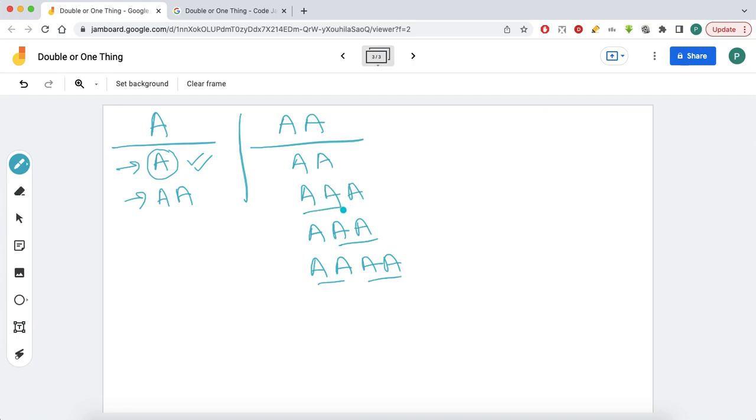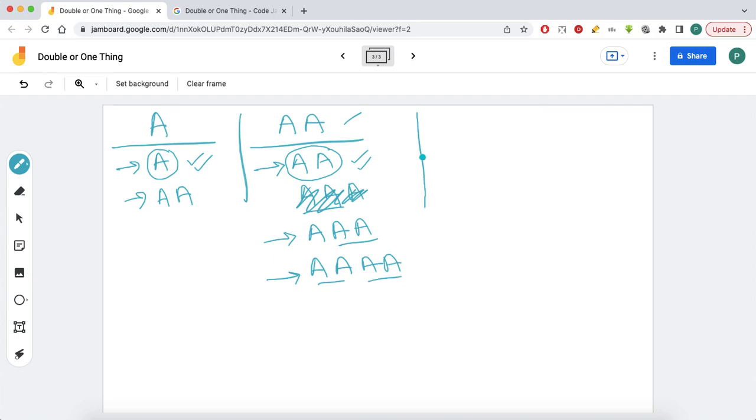Amongst these strings, the two triple A strings are repeated, so we just consider only one. Between these three strings, we see that double A is the smallest one. So the answer for this given string is double A itself.